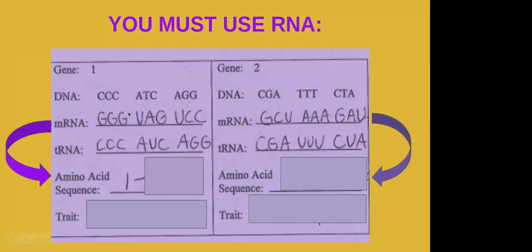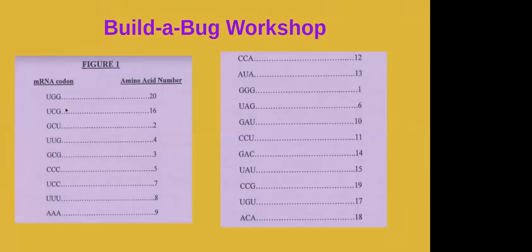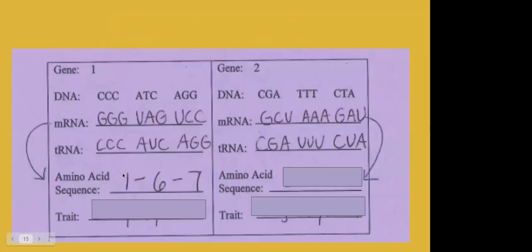And then I'm going to look up UAG, and then UCC. UAG was amino acid number 6. And if we look up UCC, that is amino acid number 7. So there we have our first amino acid sequence, 1, 6, 7.